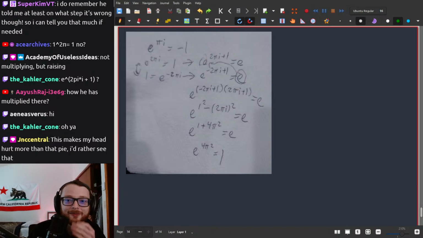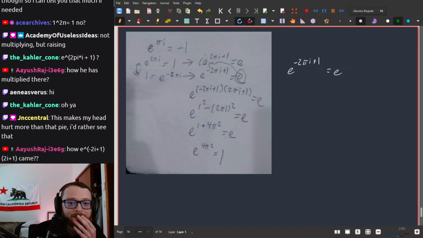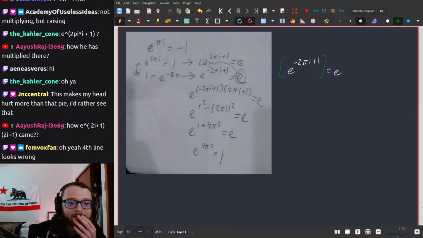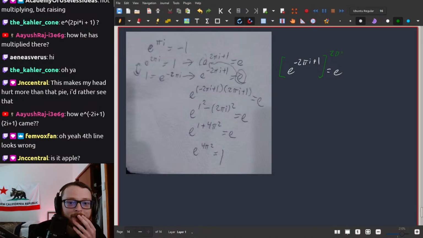This line is very weird. Two pi i plus one. Two pi i. Oops. Is it apple? It's whatever you want it to be.